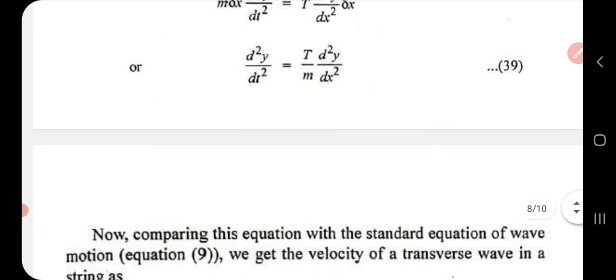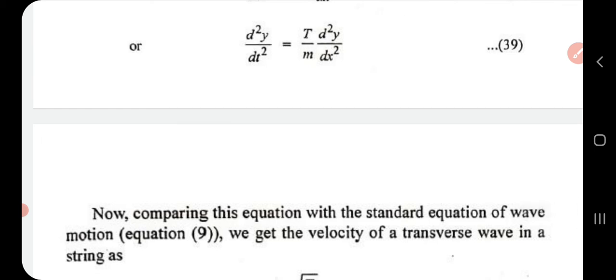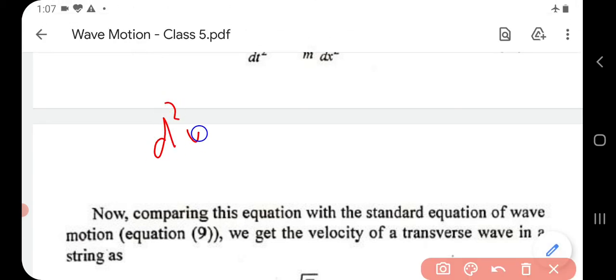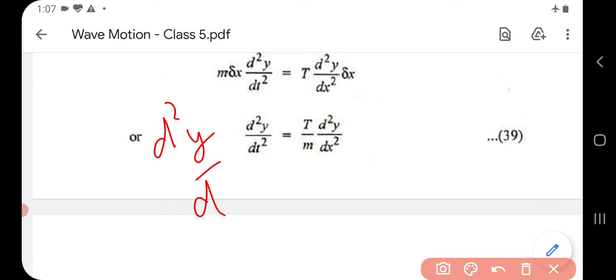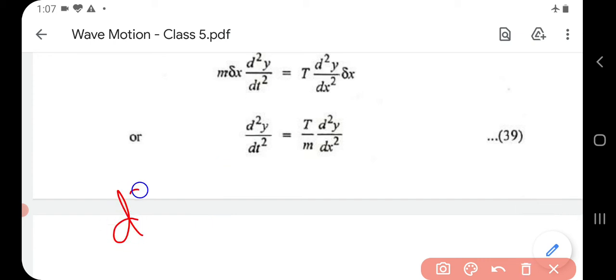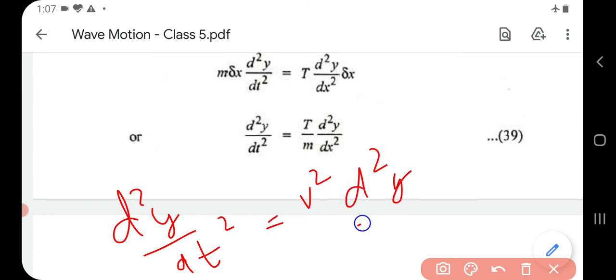Now you just compare this equation with the standard wave motion equation. What is the standard wave motion equation? d square y by dt square is equal to v square d square y by dx square.